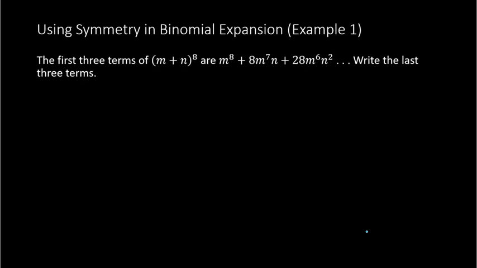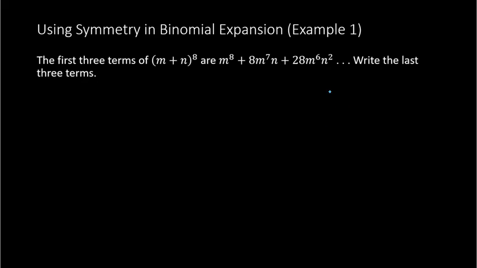So we were told that the first 3 terms of m plus n to the 8th power are m to the 8th power plus 8m to the 7th power times n plus 28m to the 6th power times n squared. And we are to write the last 3 terms.